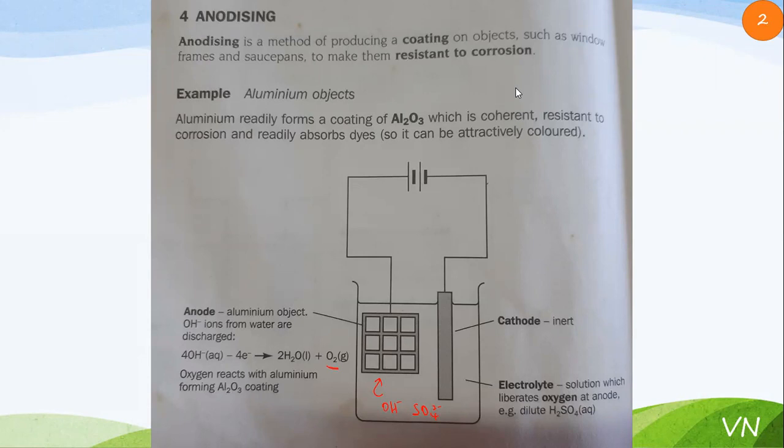So if you want to plate copper with something, we will be placing the copper metal at the cathode. So that's a big difference there. For electroplating, we place our object to be plated at the cathode, and for anodizing, we place the object to be anodized at the anode.